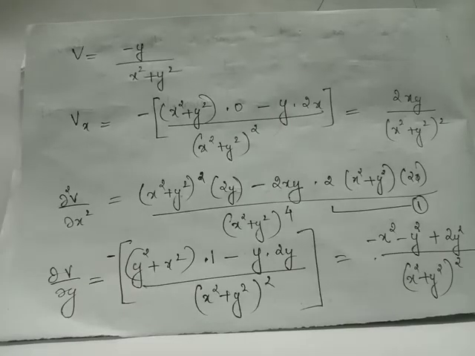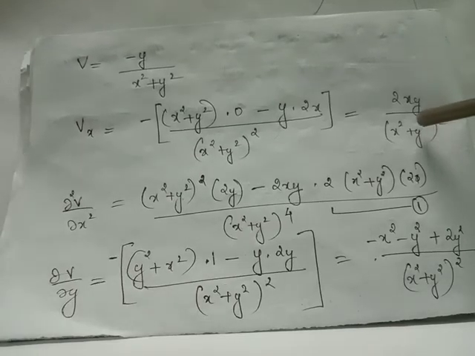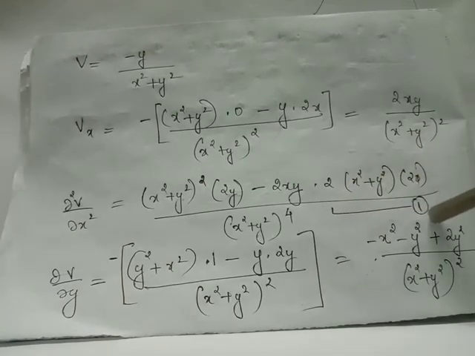Moving on to function v, we have dou v by dou x, which can be evaluated using quotient formula. We get dou v by dou x as 2xy divided by x square plus y square the whole square. We evaluate dou square v by dou x square again using quotient formula. We get the final answer and we notate it as equation 1.